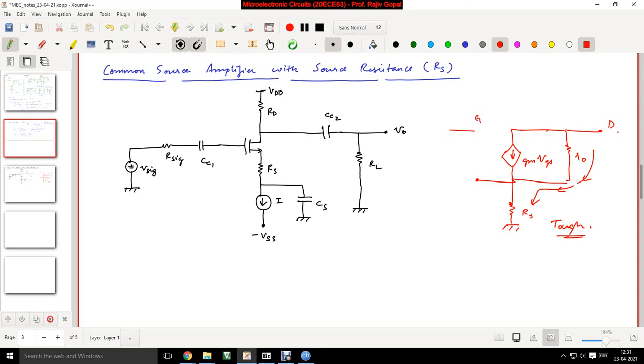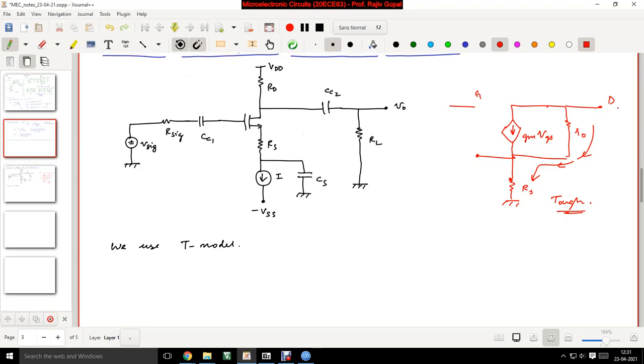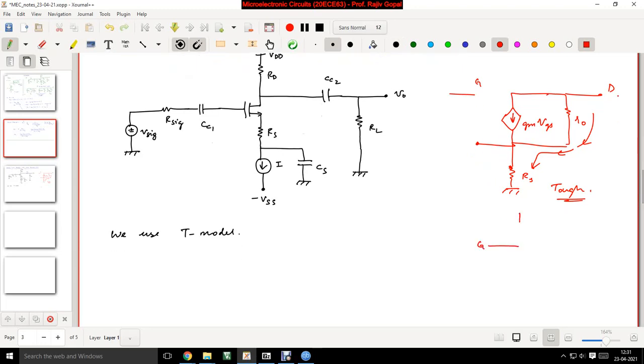So instead of using the hybrid pi model, here we use the T model. Why do I need to use the T model? In the T model all I have is a gate like this, source like this. This is drain. This is some current I. Then I have a resistance here at the source, which is 1 by GM. This resistance 1 by GM will be in series with RS when I replace the MOSFET with this T model.